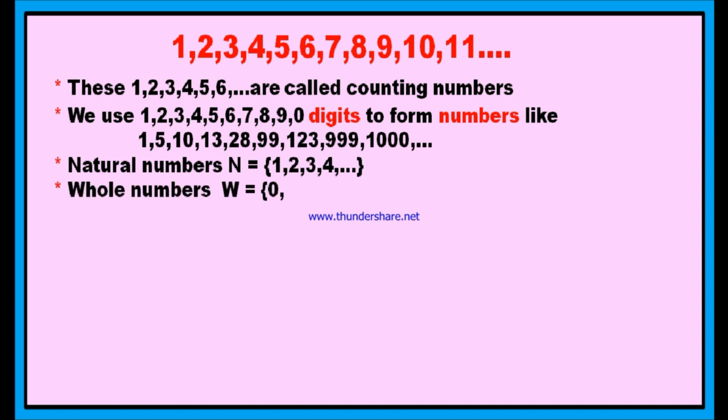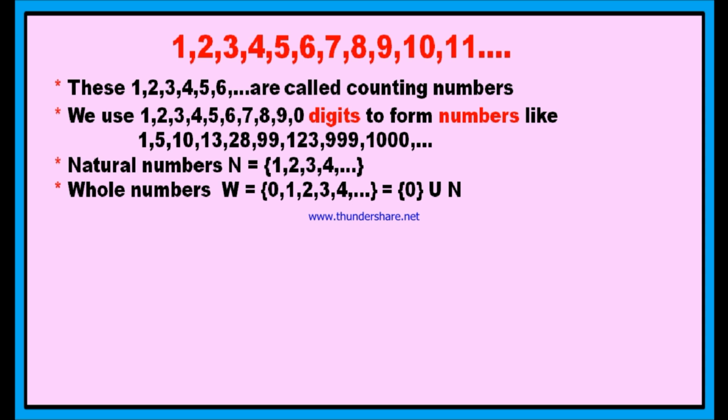Next is whole numbers. Whole numbers may start from 0: 0, 1, 2, 3, 4 and so on is the set of whole numbers. This set of whole numbers is represented by the letter W. This set is nothing but the set of natural numbers plus 0.